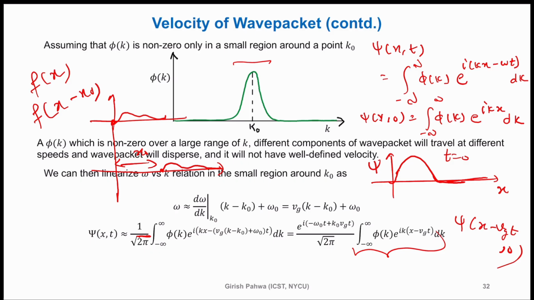I can write it like this. So this is nothing but this. You have replaced x with some x naught, and x naught is Vg into t. So basically you are going to displace this thing by Vg times t. So basically this. What is this distance?